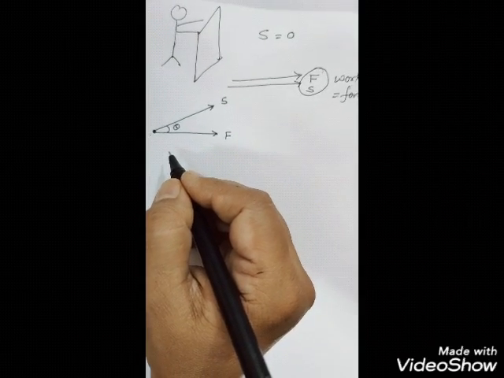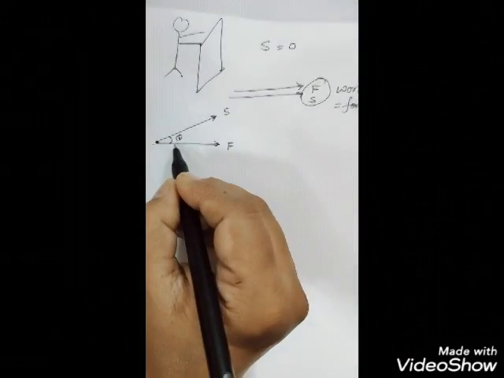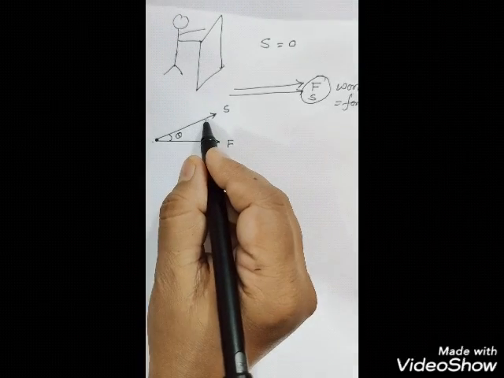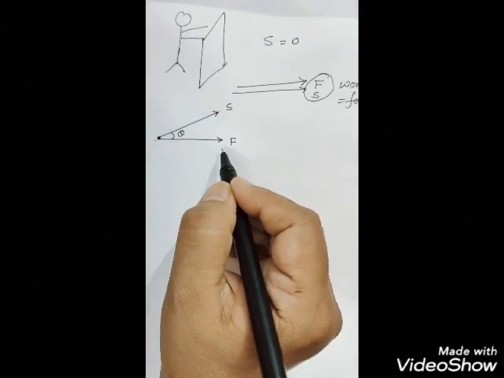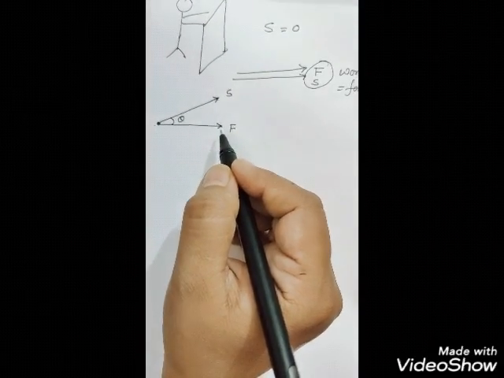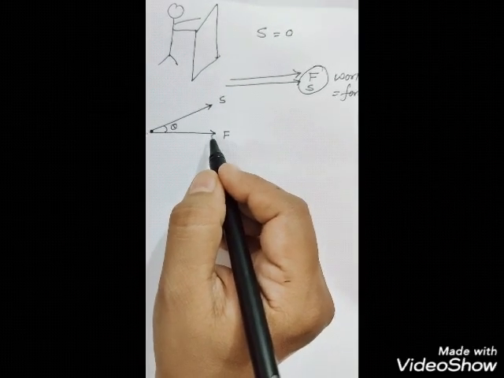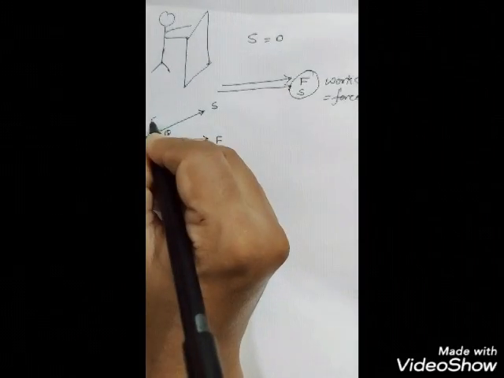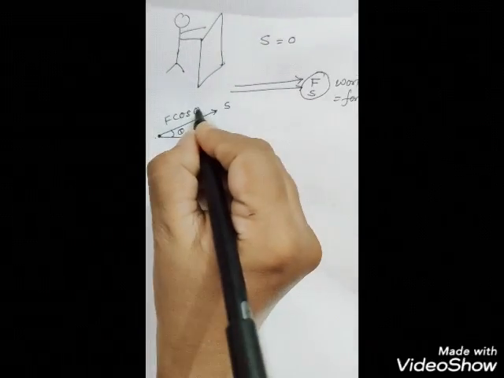So what we can say, the component of the force which is working in the direction of the displacement is equal to F cos theta.